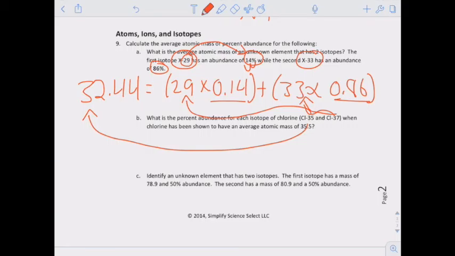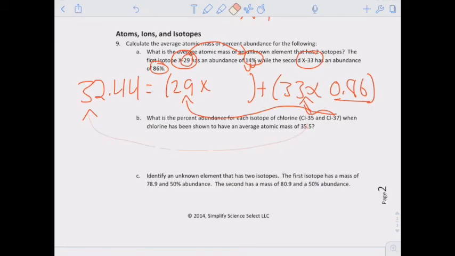To find those, what we do know is, if I only gave you one of these percentages, and I said that on X33 you had 86%, you would know that the other one would be 100 minus 86.